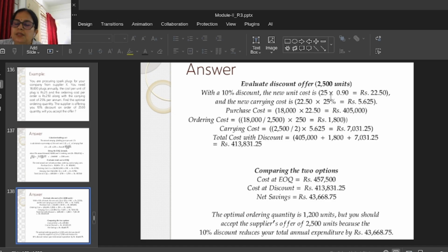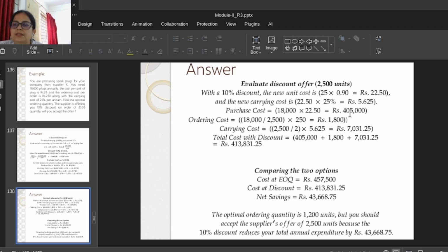So we were paying 25 rupees; if a 10% discount is given, then we need to pay 22 rupees 50 paise. Then the new carrying cost CH we can calculate on this purchase cost 22.5, that is 5.625.